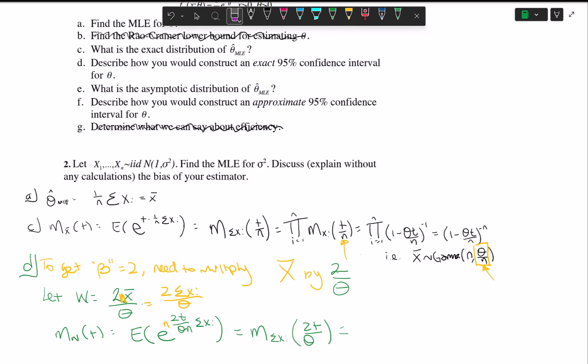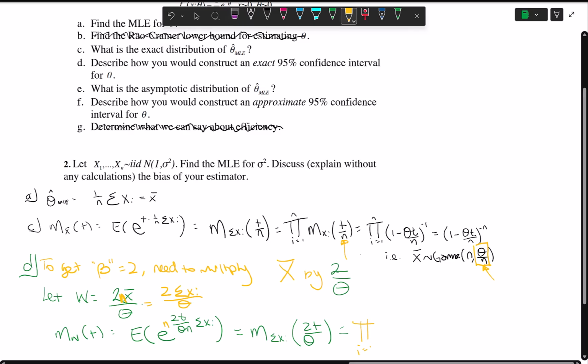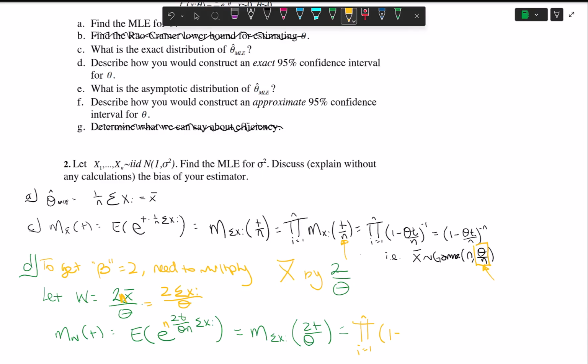That will give us the product for i equals 1 to n of the exponential MGF, (1 minus theta t) to the negative 1, where your t is 2t over theta. That's (1 minus 2t) to the negative n.